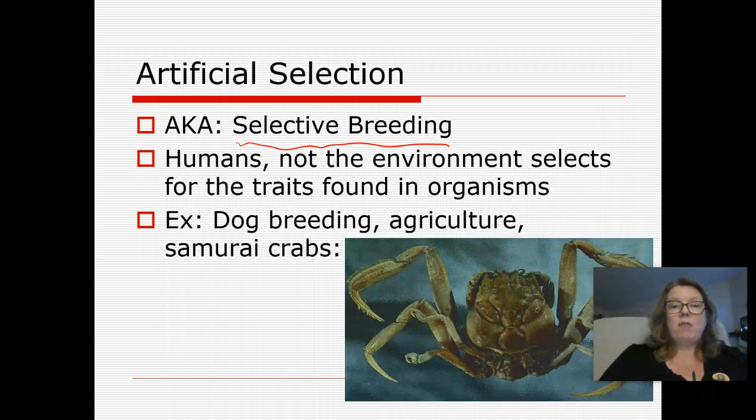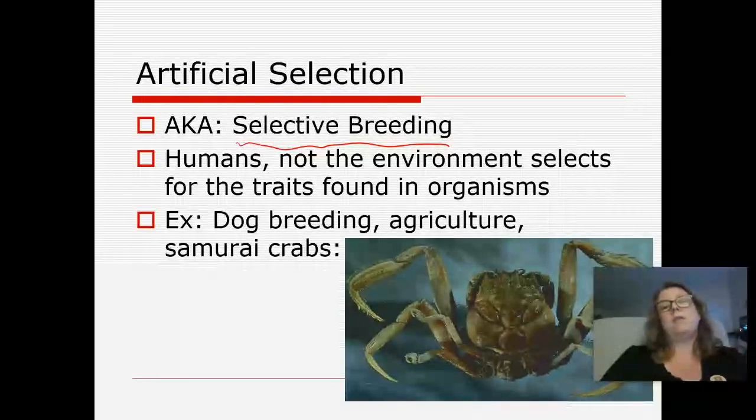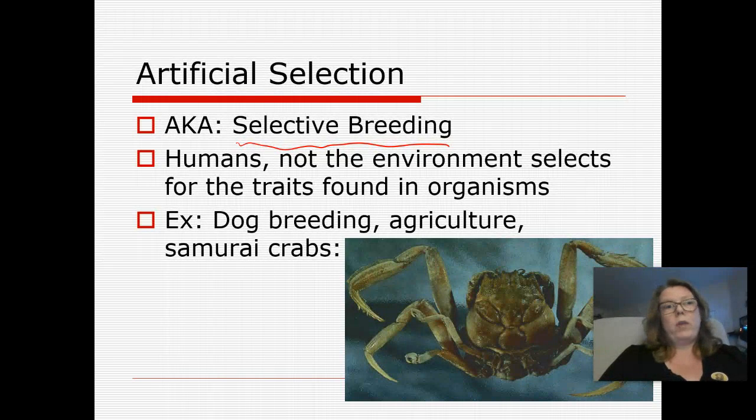So they're bred to have short hair for the most part, right? They're bred to be aggressive, right? All of those traits that you see in a Chihuahua actually have a purpose because humans needed the Chihuahuas to do a specific job. The problem with that is those are not necessarily traits that would allow the Chihuahua to survive in the natural environment very well.